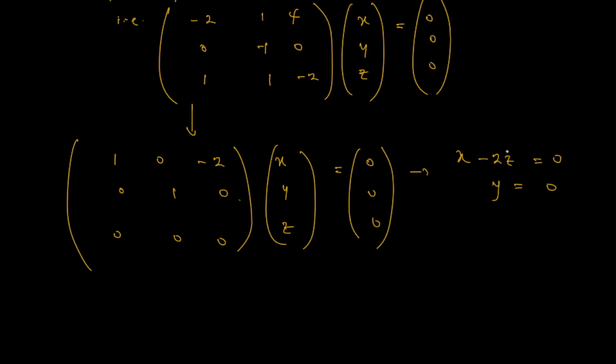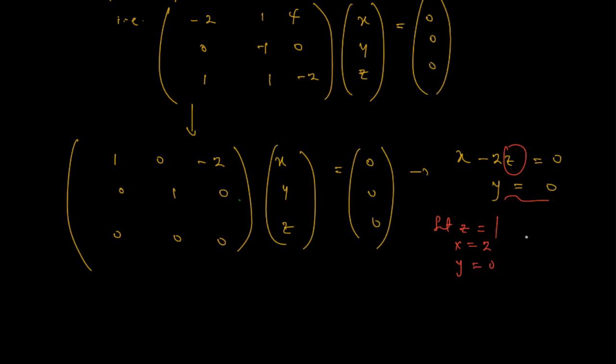Also, you'd observe here that the free variable is always z. It is z here again. Since the free variable is z, to find the basis of the solution space of the system, we set z equal to 1. When z is 1, our x is 2, while our y is just 0.